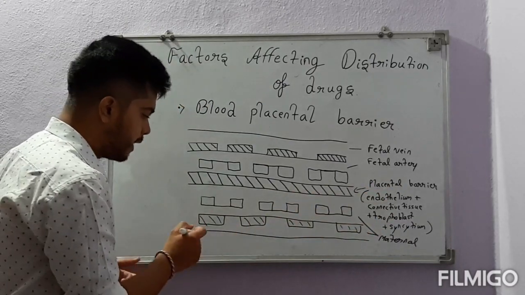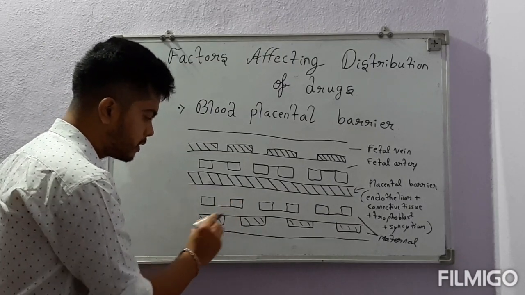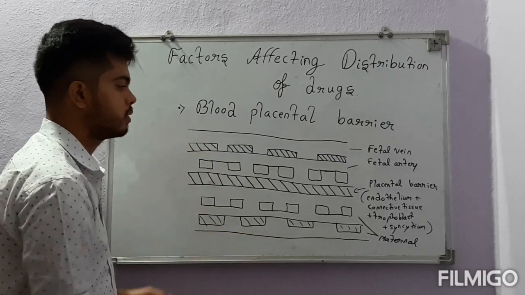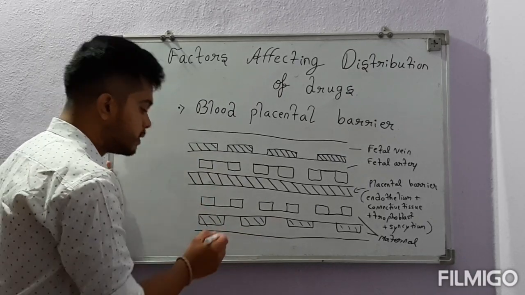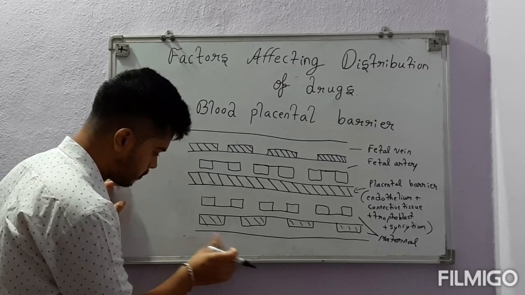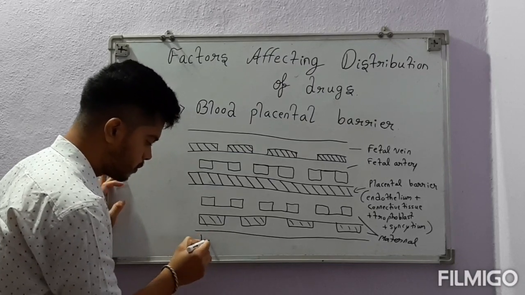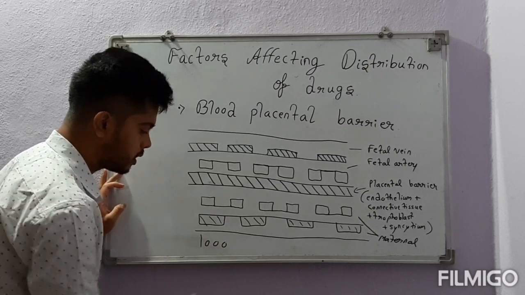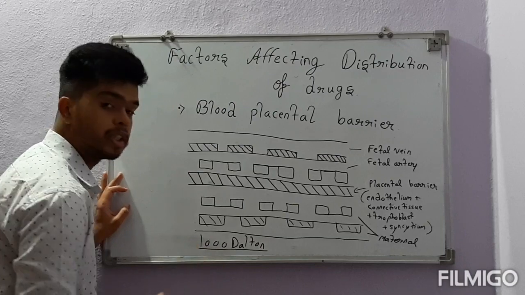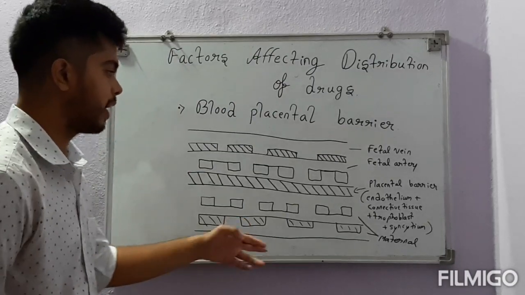You can see that the placental barrier is somewhere open and somewhere tight. So it's a very classic example of a barrier. Drugs lesser than 1000 Dalton, which are highly lipophilic in nature, can cross this barrier.